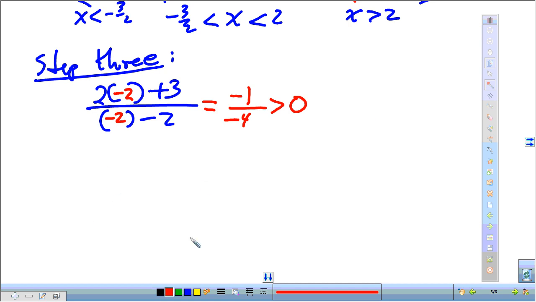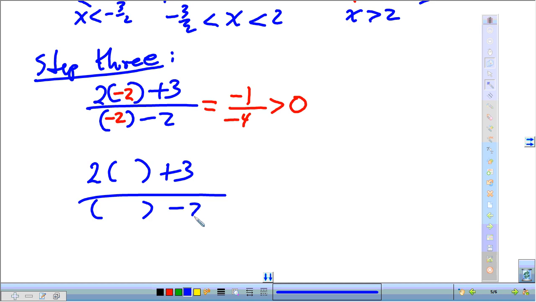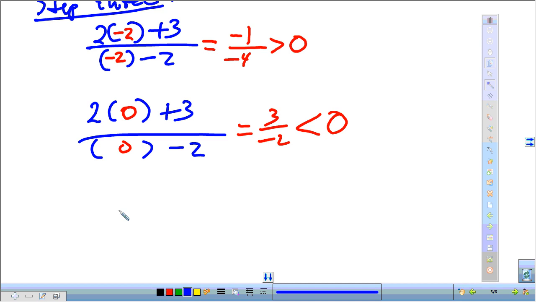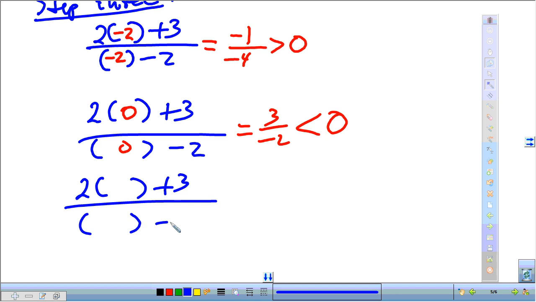If I substitute zero, I get 3 over minus 2, and we're back to negative. Substituting 4, we get 23 over 8, which is again positive.